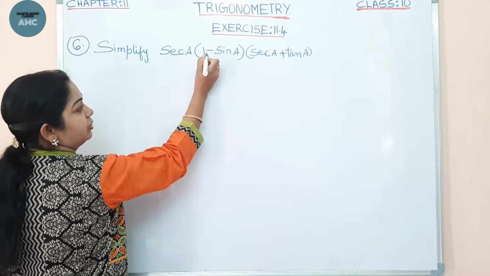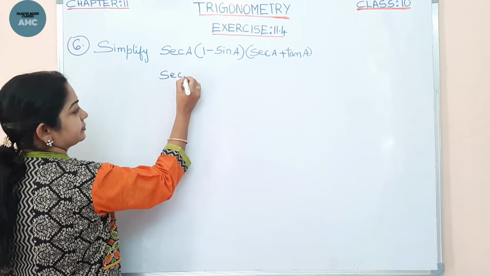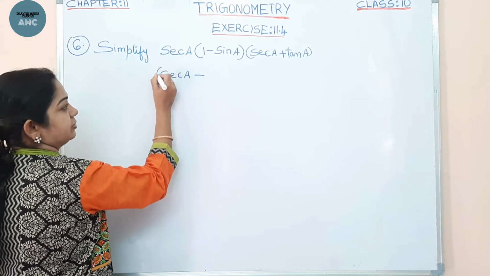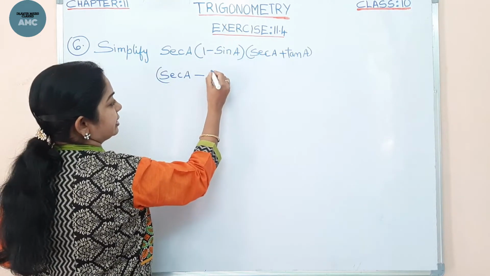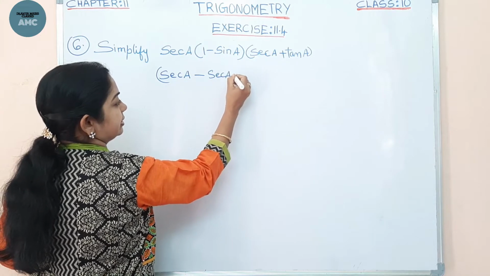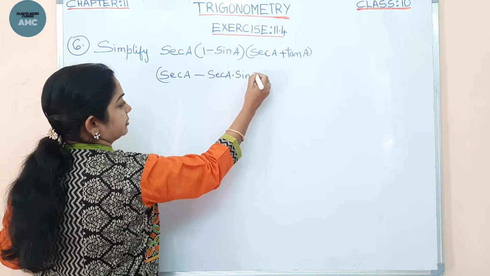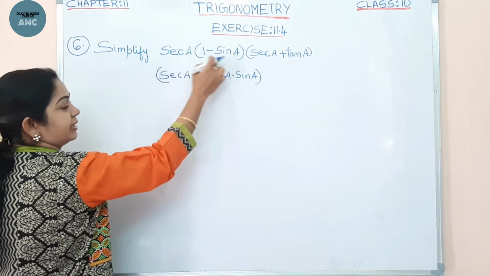So secant A into 1 is secant A. Again, secant A into sin A is secant A into sin A. So what I did is multiply this with this.